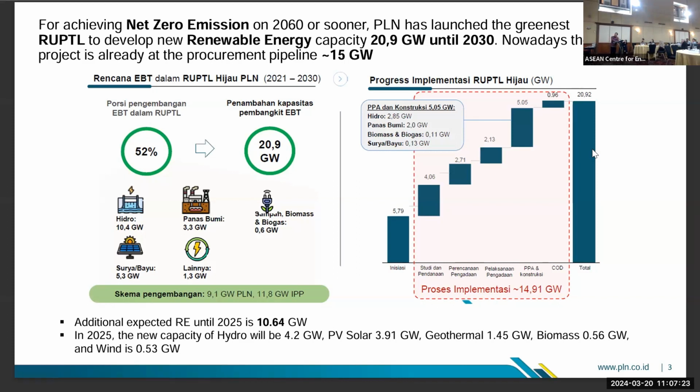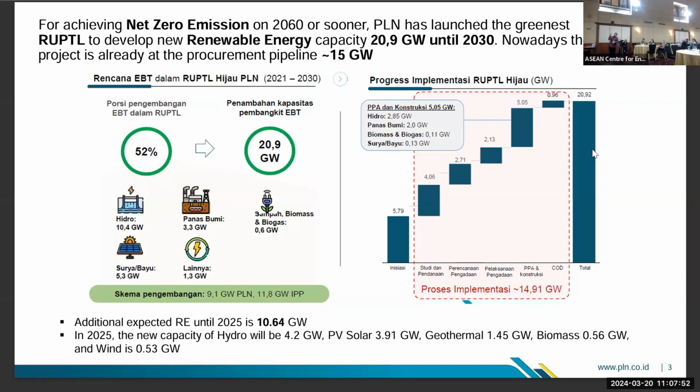So until right now, from the 20.9, we have already proceeded with almost 15 gigawatt in the pipeline of procurement. So these are the stages. Even though the project is already at COD, it is still low, only 1 gigawatt so far.